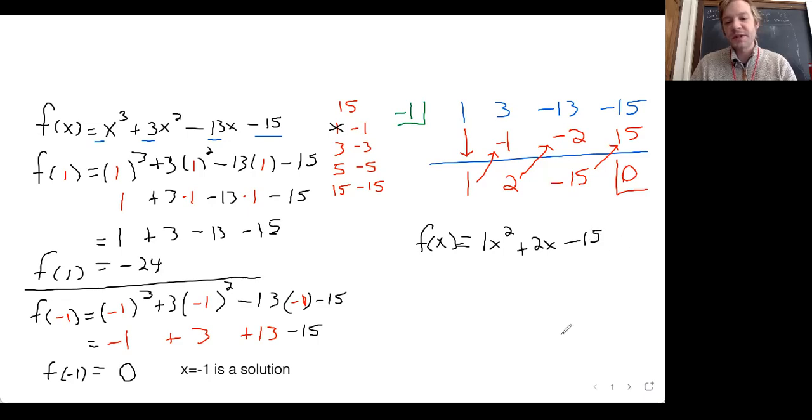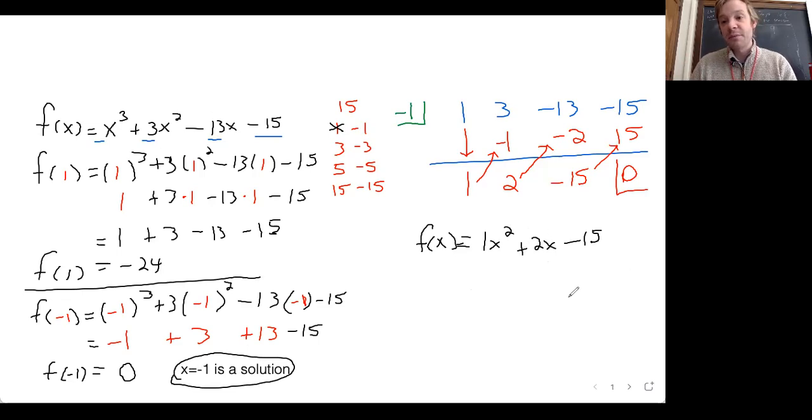There's no x with a 15. But we have rewritten our cubic equation now as a quadratic equation after we have performed that synthetic division. So we got our first solution here, and we divided that out of our original equation, and we are left with this quadratic equation here.